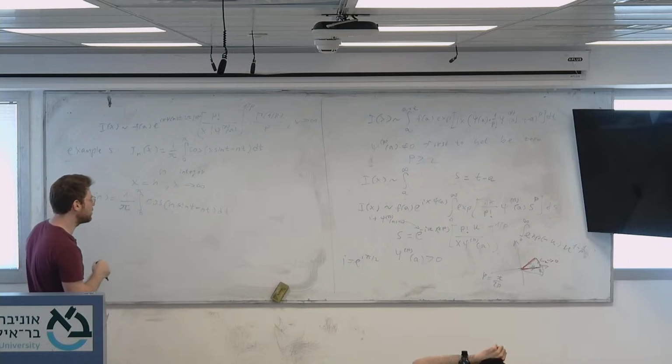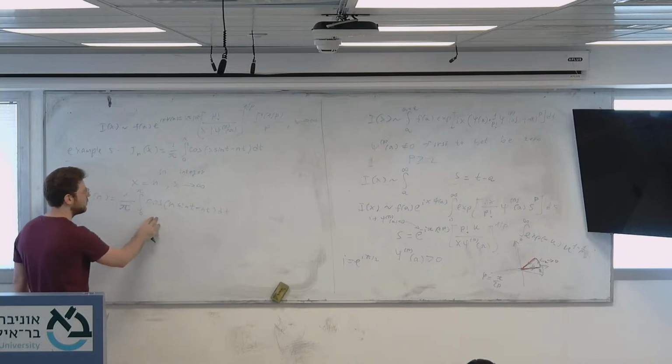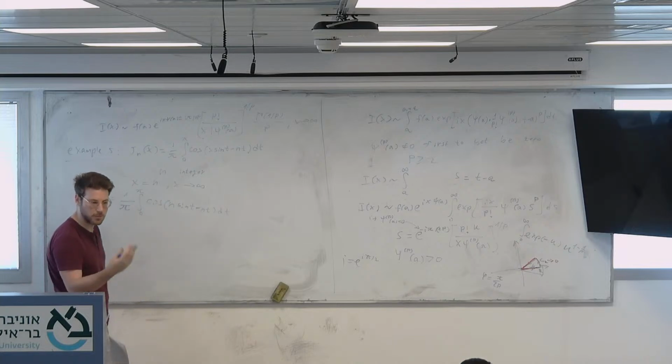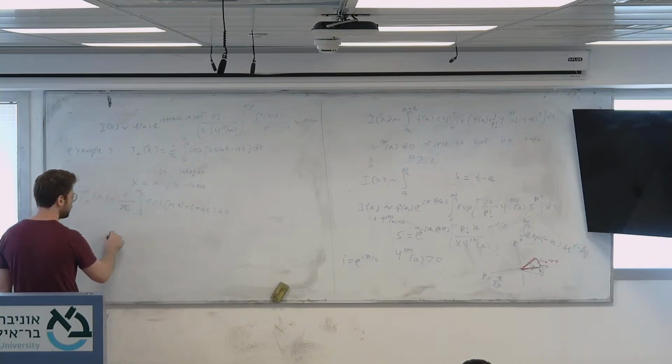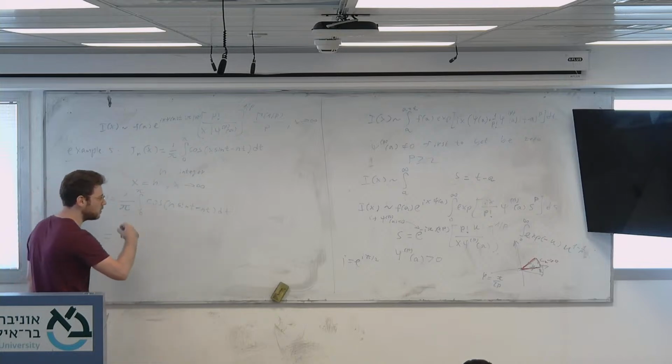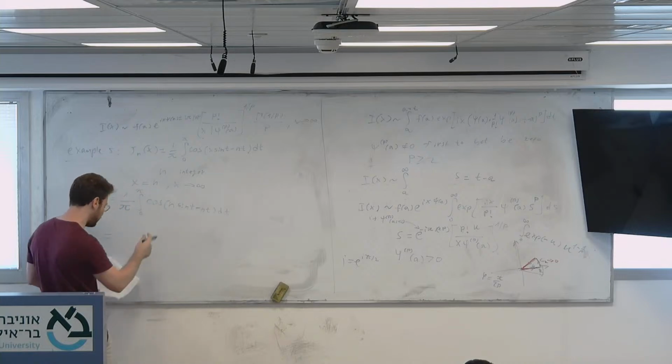You can just use a general Fourier integral, right? So you want e to the i something. If you take the real part of it, you get cosine. So you can calculate the integral and then take only the real part, and that will be the original one.